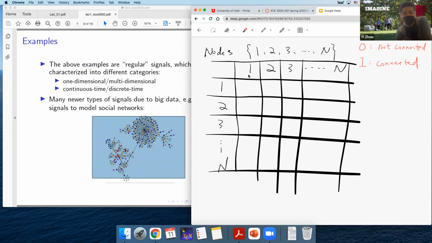Then you can just fill in all these entries by looking at the graph. In particular, this diagonal line will always be 1 because one person is always connected to himself. The other entries we can fill in by looking at the graph. We call this the adjacency matrix.